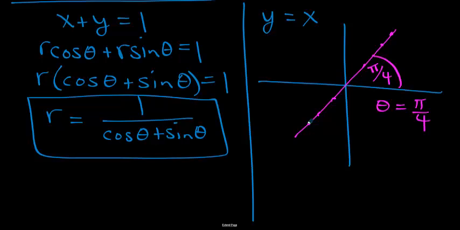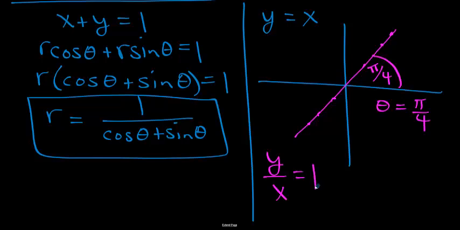Now look, let me show you what happens here. Let's suppose we didn't make that observation, so let me just go ahead and convert this. Let's divide both sides by x. Okay, so I've got y over x equals 1.